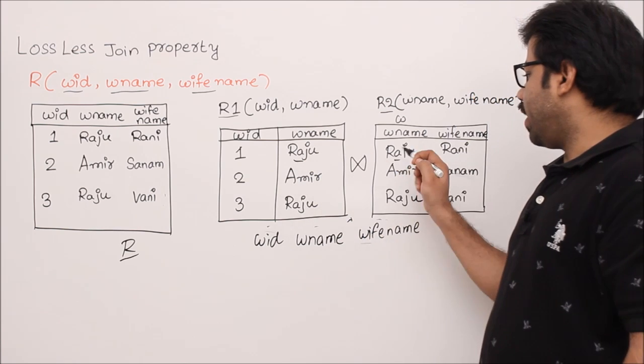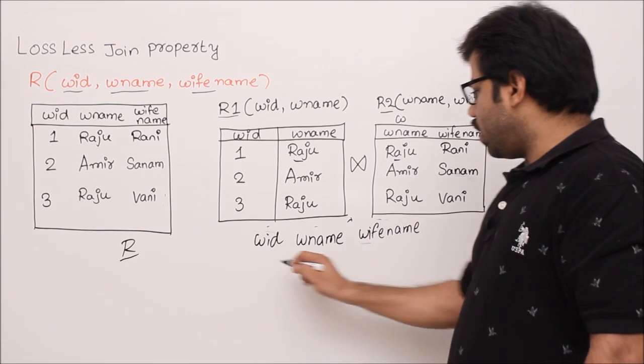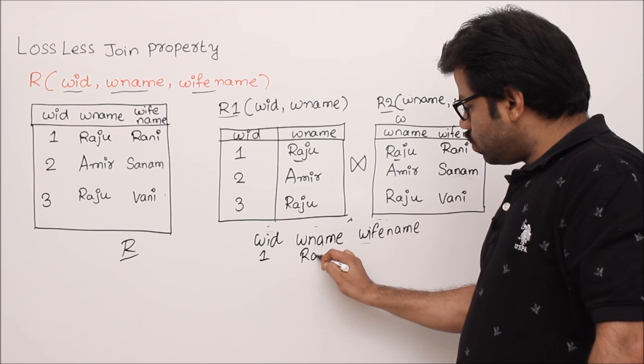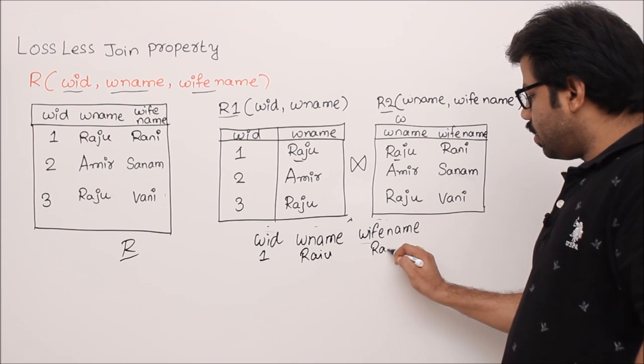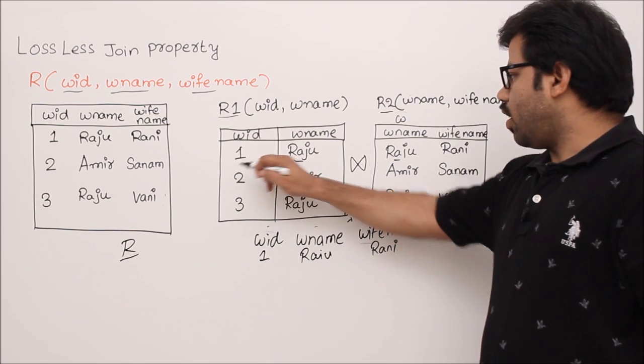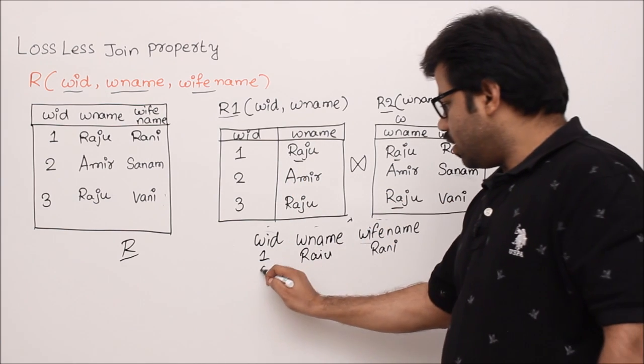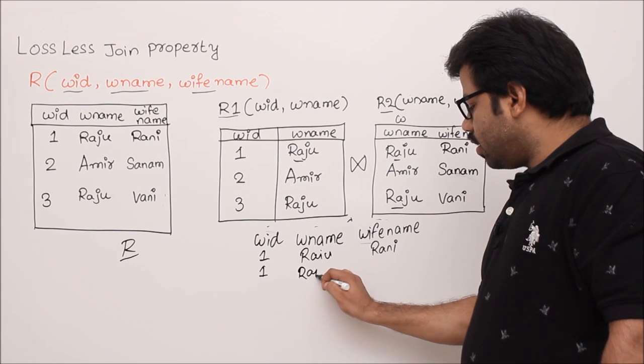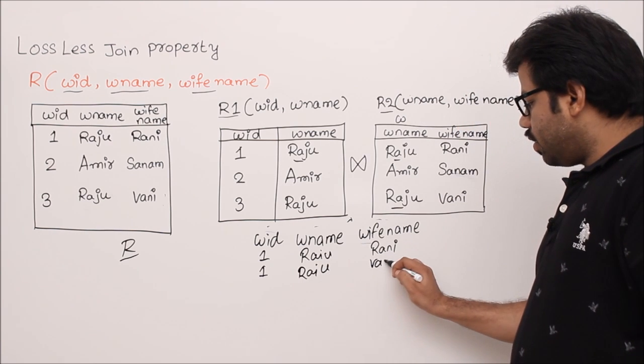Raju and Raju, it matches, right? So 1 Raju, Raju Rani is nothing but 1 Raju and Rani. Now this Raju matches with this Raju, so 1 Raju, Raju comma Vani, which is actually wrong, right? So 1 Raju Vani.